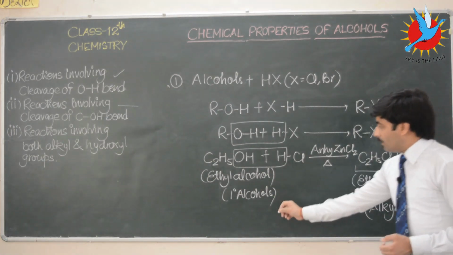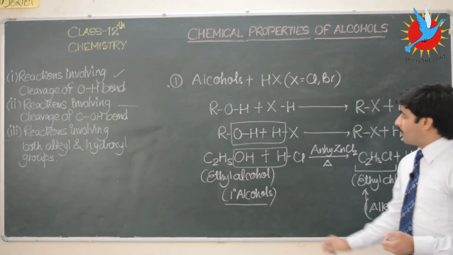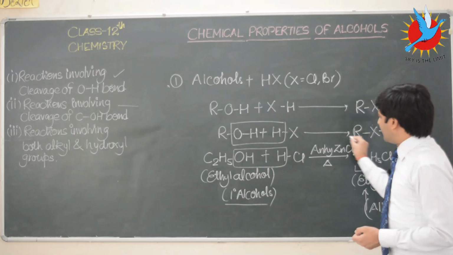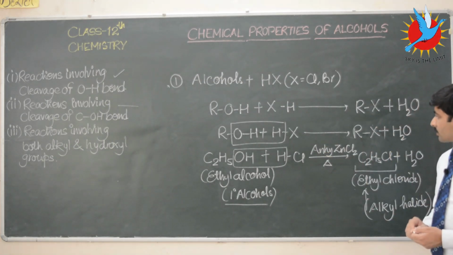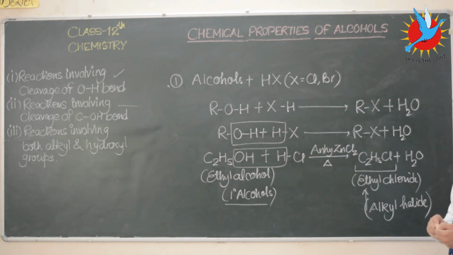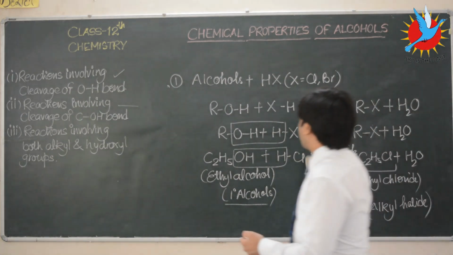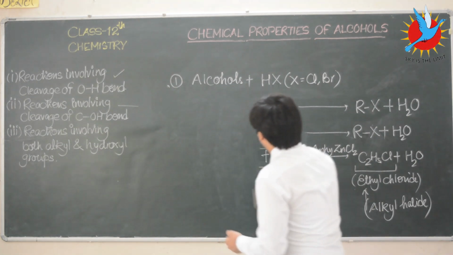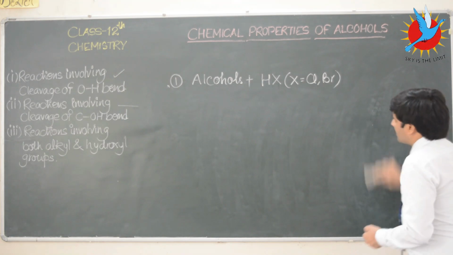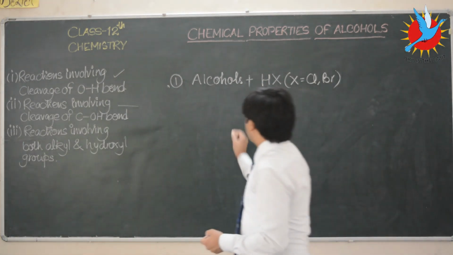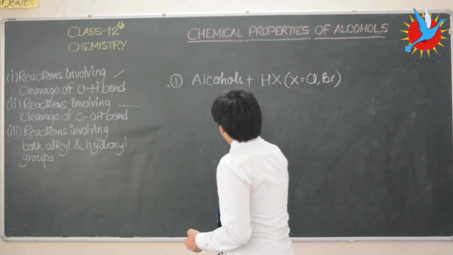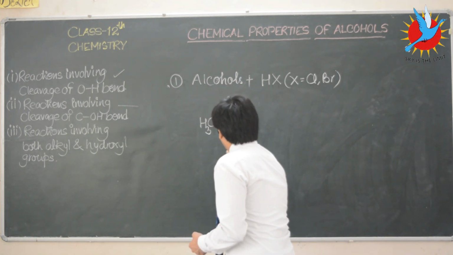While we are talking about reaction of primary alcohol with HX, that is HCl, we need anhydrous zinc chloride, and we have to heat this mixture as well. Now if we are talking about secondary alcohol, this is an example of secondary alcohol.